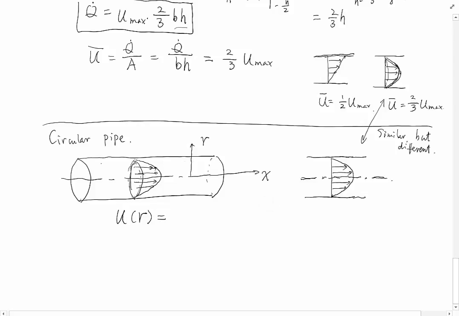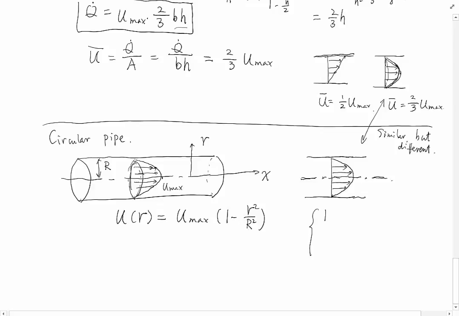And the radius of the pipe, let's say that's a capital R. If it's parabolic, we will have a peak velocity, which is Umax here, and then it will have this form. In this form, it satisfies all the key boundary conditions.